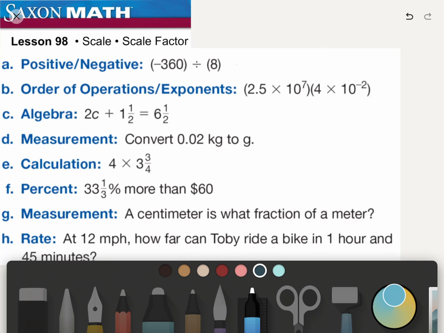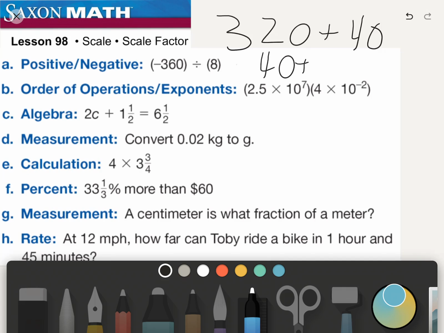And so I can just look at this and think, oh, I could think 320 plus 40 to get 40 plus 5 would equal 45, except for the fact that we've got our negative sign here. And so that means that we have a negative answer of negative 45.